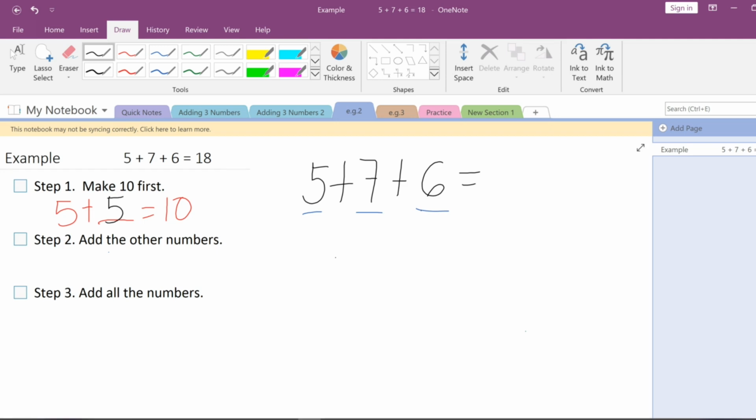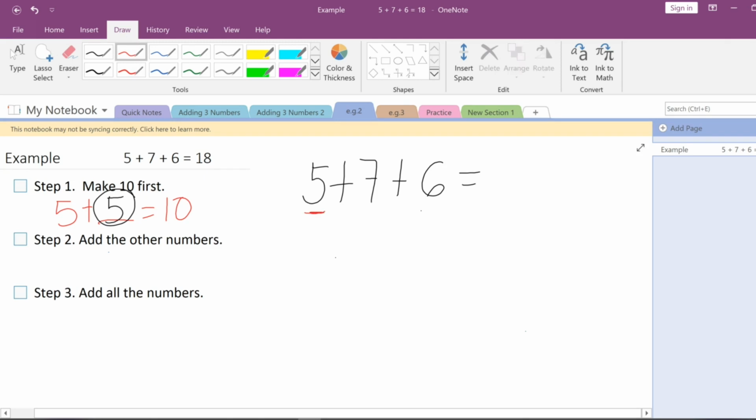But where do we get this number 5? We can get this number 5 from either number 7 or number 6. Let me show you how we should do it. We already have number 5 here, but we need 5 more to make 10.